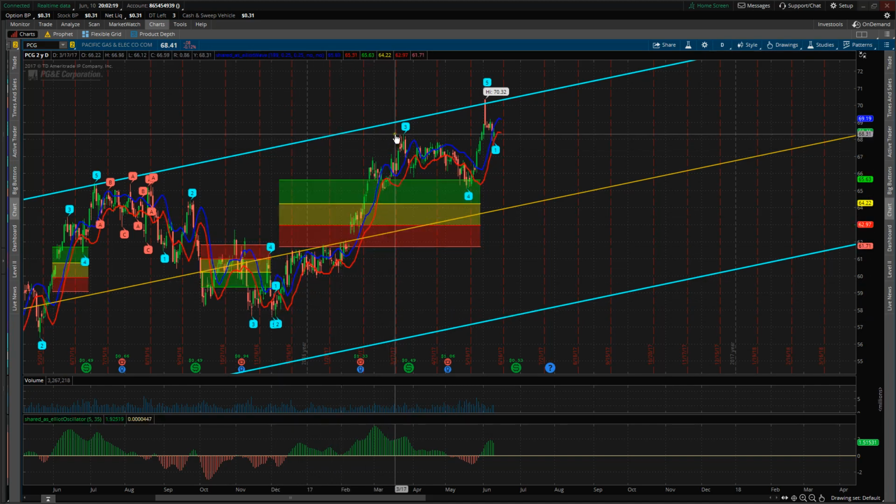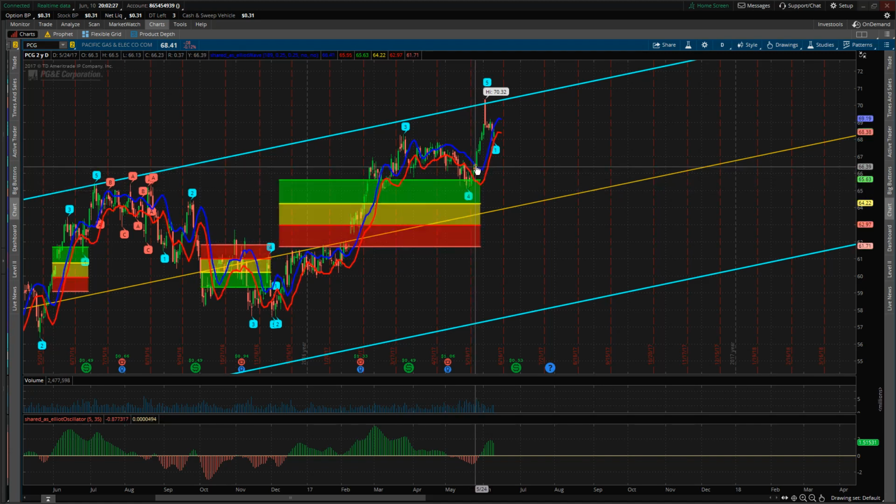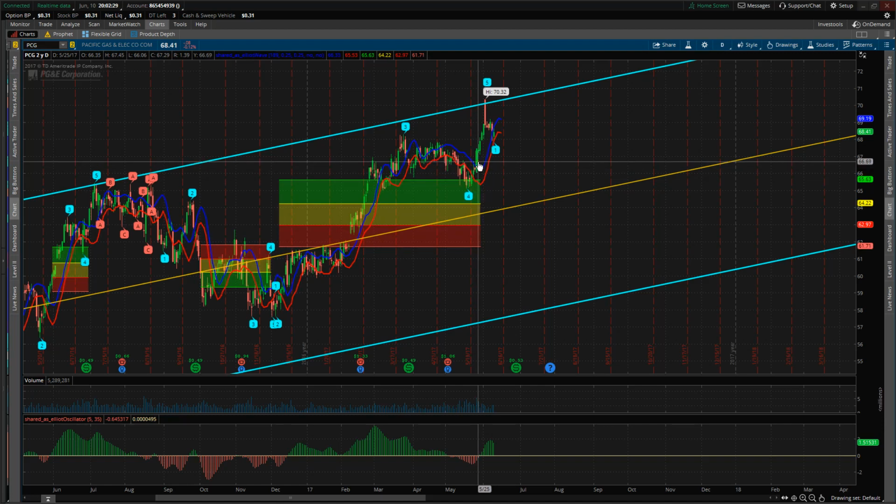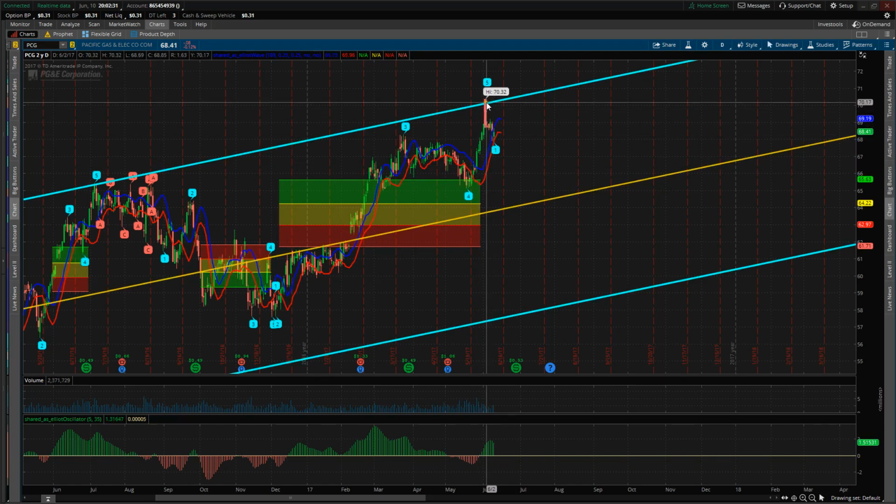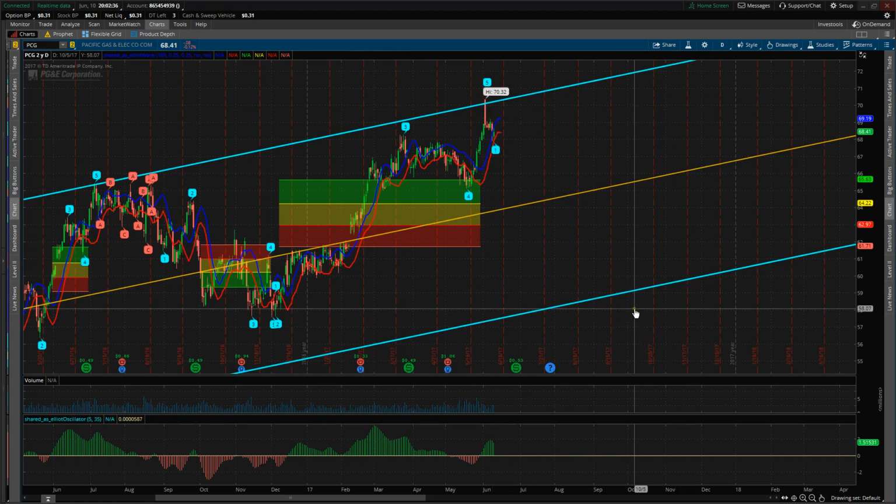We've had a long wave 3. The wave 4 pullback just entered our 85% probability zone, and then I entered straight off the 64 moving average high and took my profit at the target. Okay, so that's simply PCG.